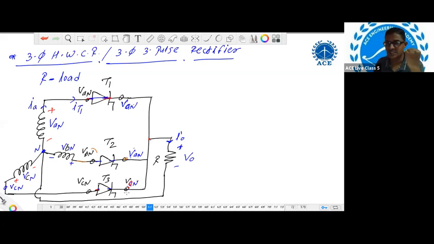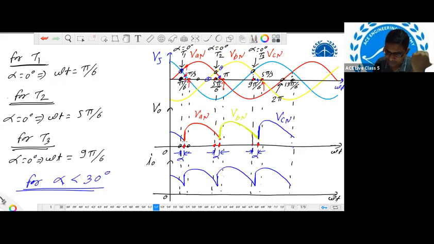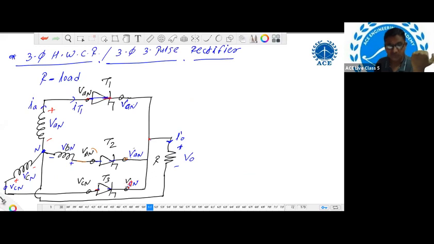If VCN is less than VAN, can we say that thyristor T3 will be reverse biased? At this instant, you can check VAN is greater than VCN. So the cathode voltage of thyristor T3 is greater than its anode voltage, means thyristor T3 will be in off state, right? Therefore, once T1 turns on, T3 will turn off.